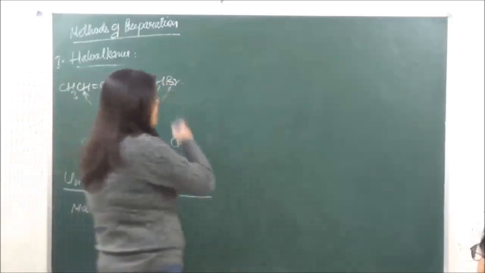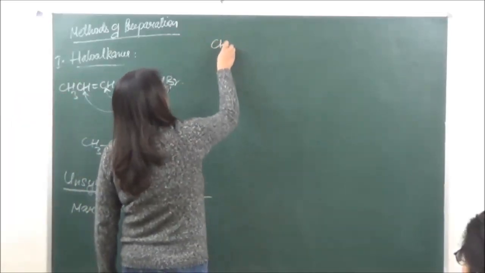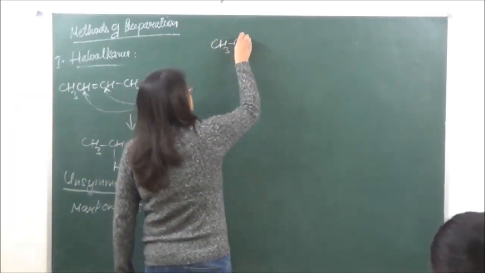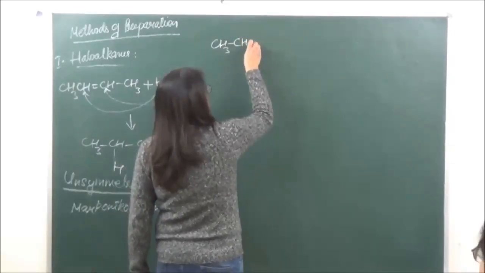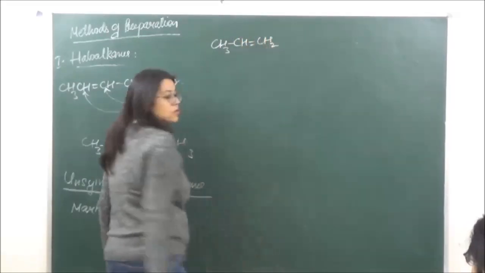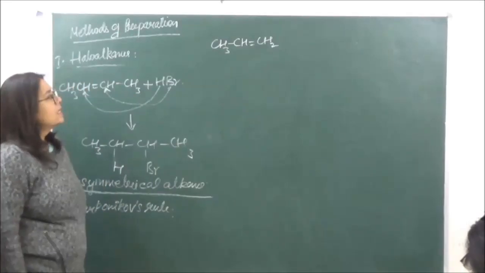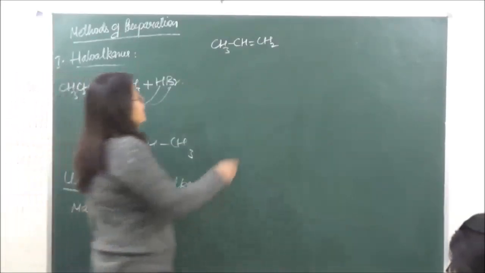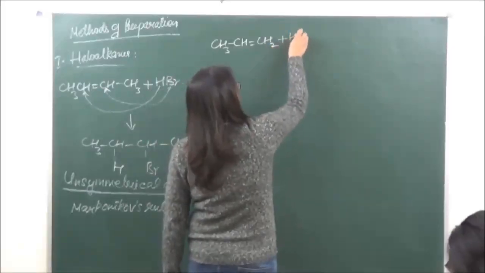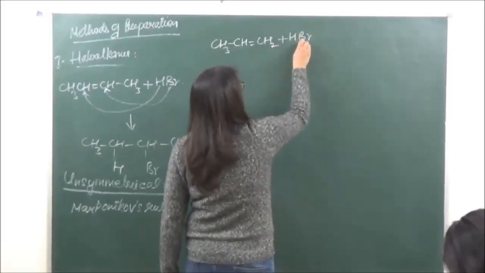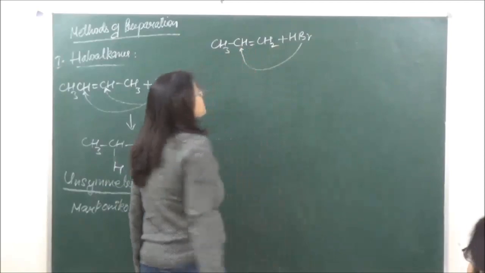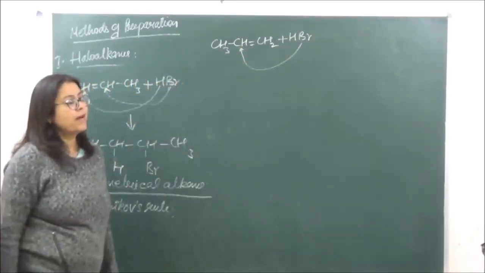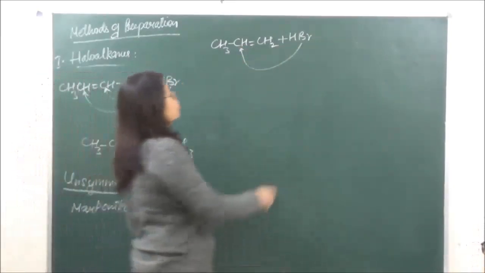So अगर suppose हमारे पास इस तरह से है CH3, C, H, double bond CH2. So this is an unsymmetrical alkene. Double bond की एक साइड 2 कार्बन एटम है और एक साइड 1 कार्बन एटम है. Now when HBr is going to attack over here, then the bromine will attack at the carbon atom with lesser number of hydrogens. This is what Markovnikov's rule states.